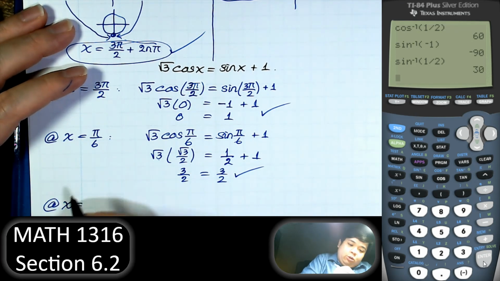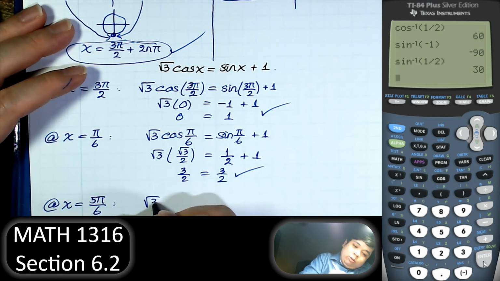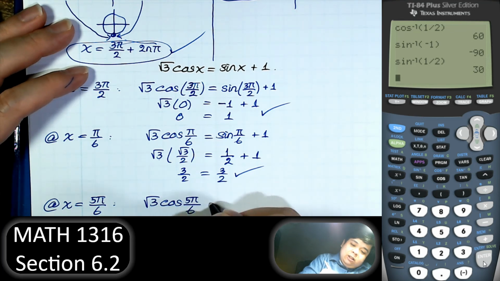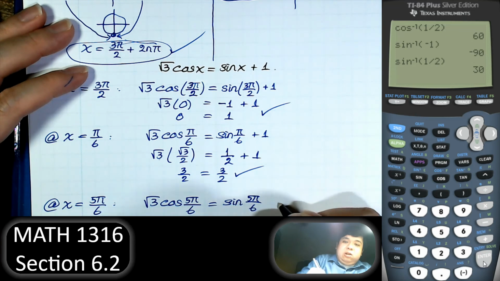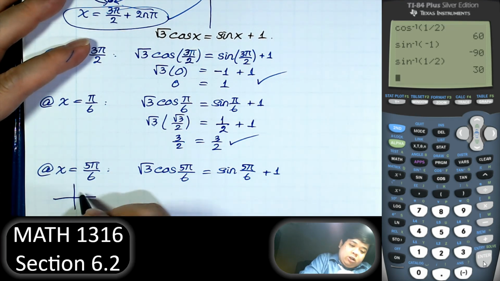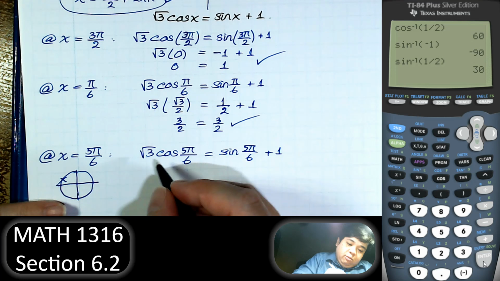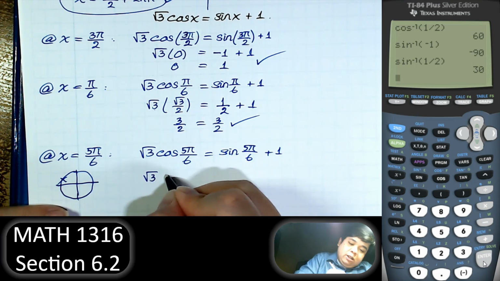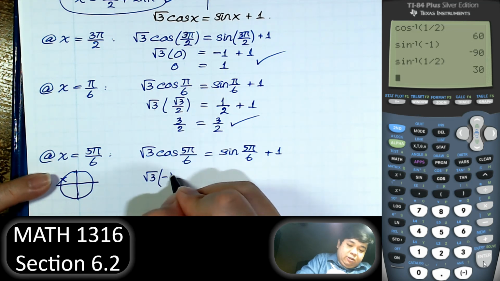And at x equal to 5 pi over 6, square root of 3 cosine of 5 pi over 6 equals sine of 5 pi over 6 plus 1. Right, 5 pi over 6 is in quadrant 2. Cosine of 5 pi over 6 will be similar to that, except it's going to be negative.